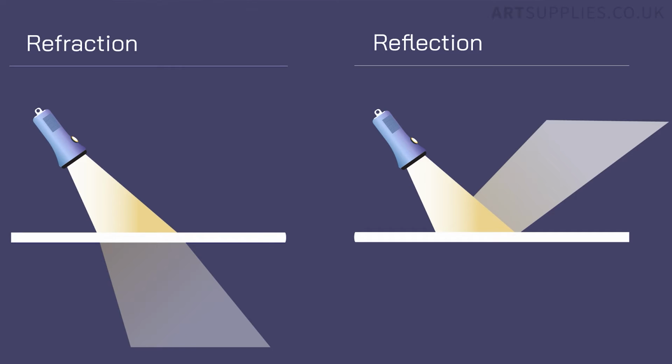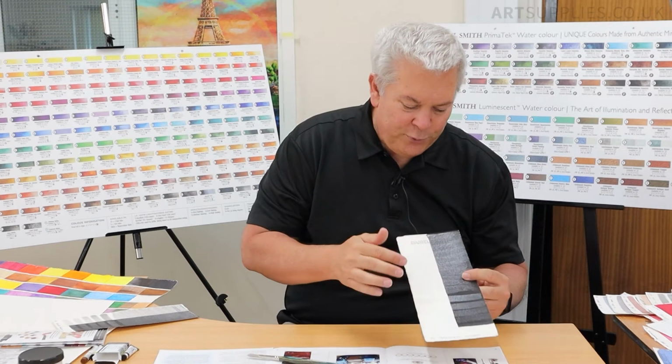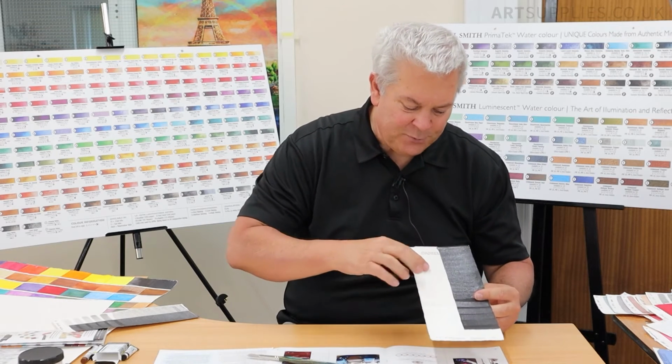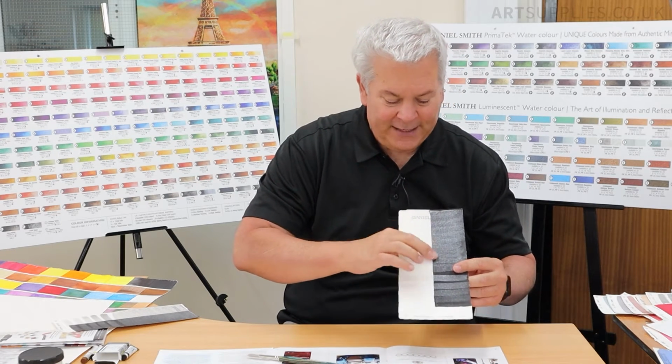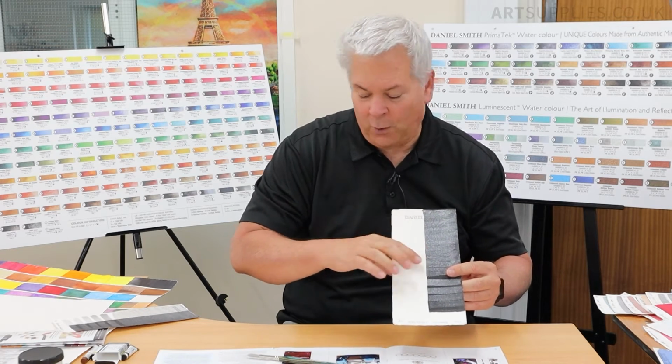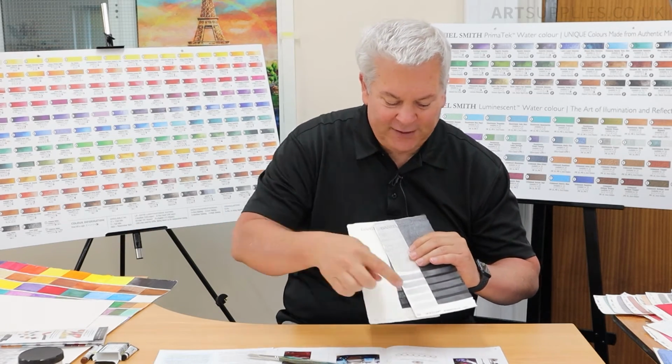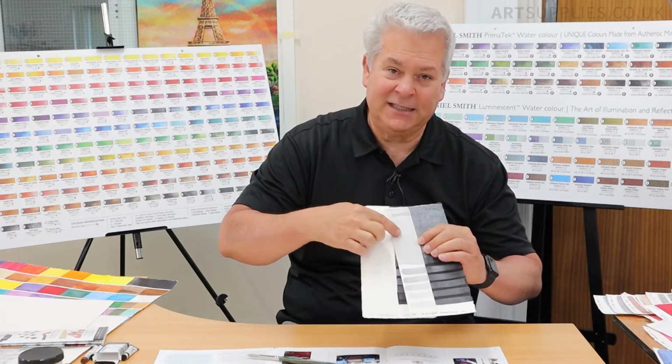With refraction, when you put it over a surface, you get scattering of light. And this process right here is scattering of light. It's very hard to see it over a white. But when you have reflection of light, which is like an iridescent, you can see it over white, i.e. you're getting hot spots and cold spots.